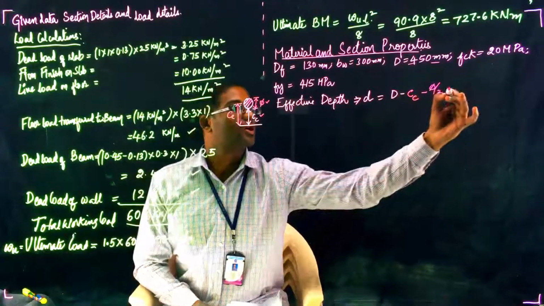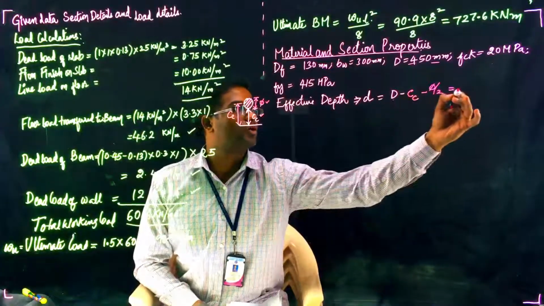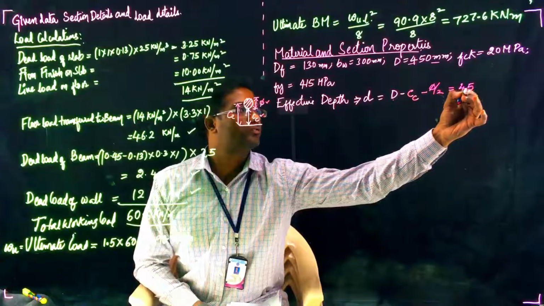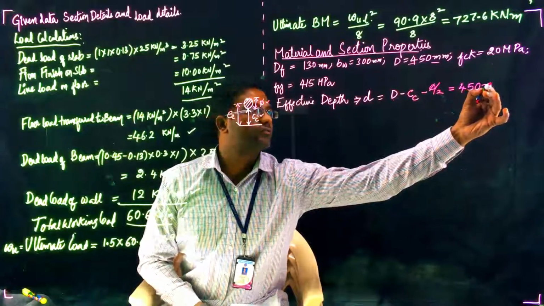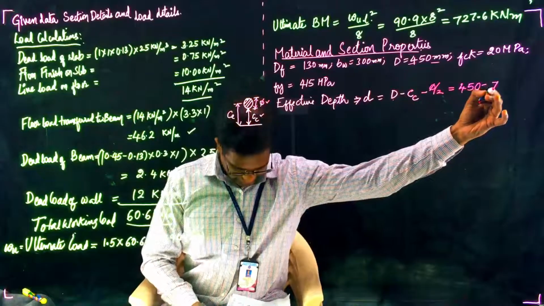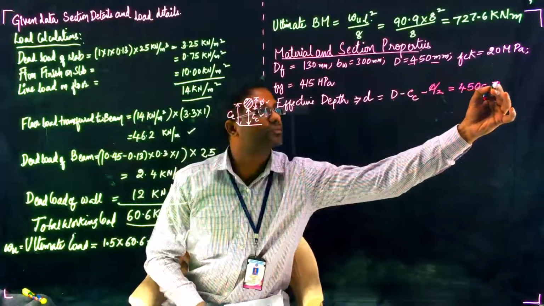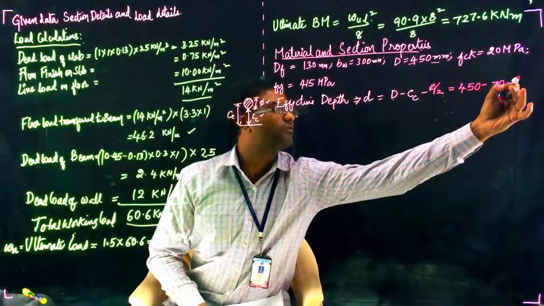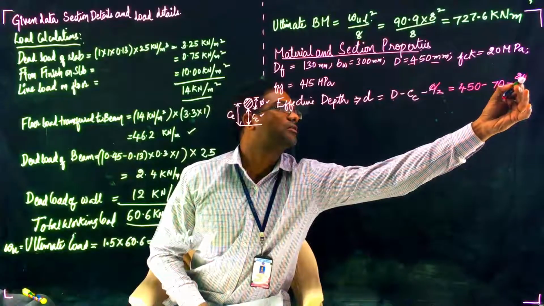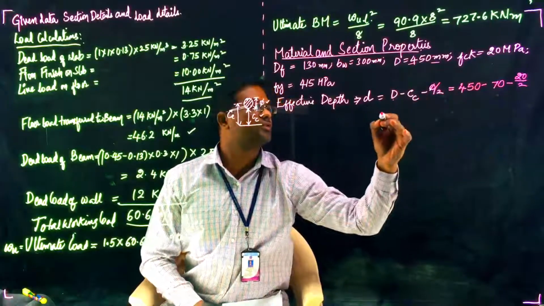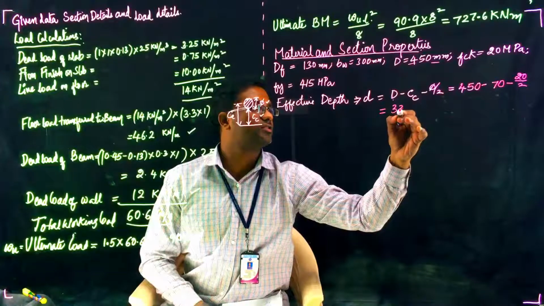Clear cover we will assume as 70 for the time being, and diameter we will assume as 20. So this will give you a value of 330 mm.